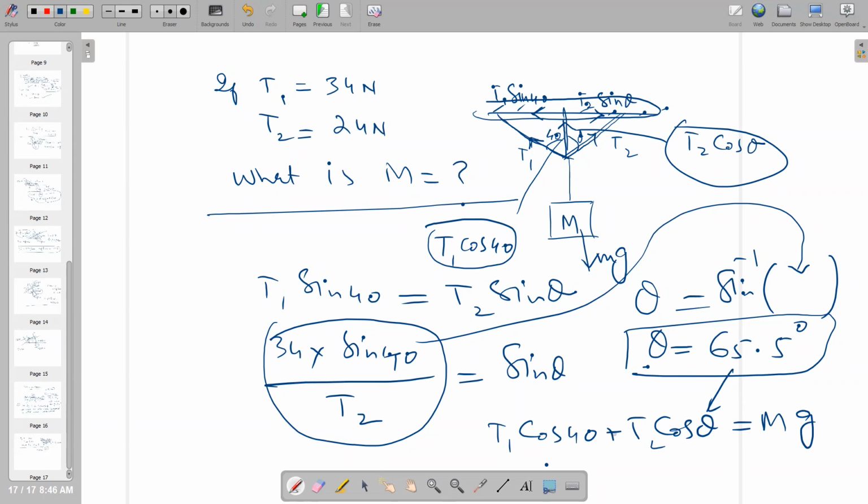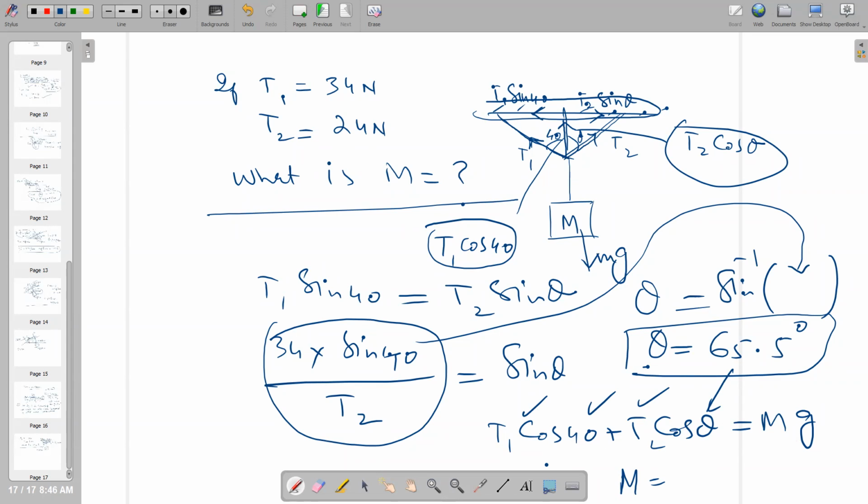So T2 cos of 65.5. Now from this equation, you can find the value of m. You know the T1 value, you know the cos 40, you know the T2, you know theta is 65.5, you can find the cos of 65.5, and all values you can find from here.